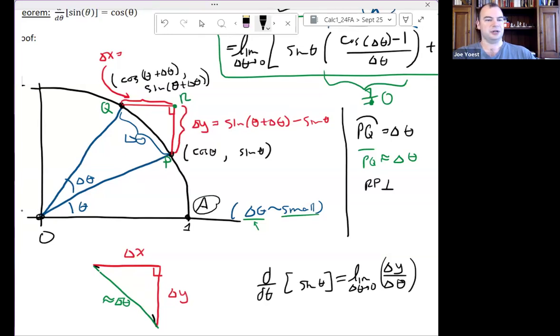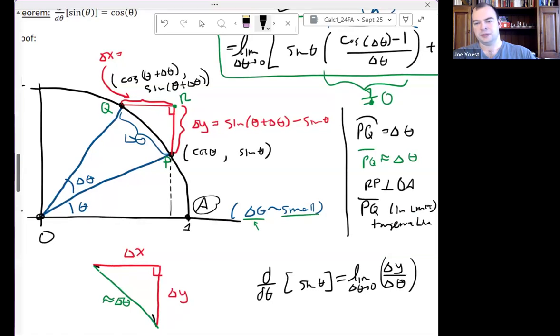Here is the origin O. So RP is perpendicular to OA. What else do we have? The line PQ, in the limit, is the tangent line to the curve at P.